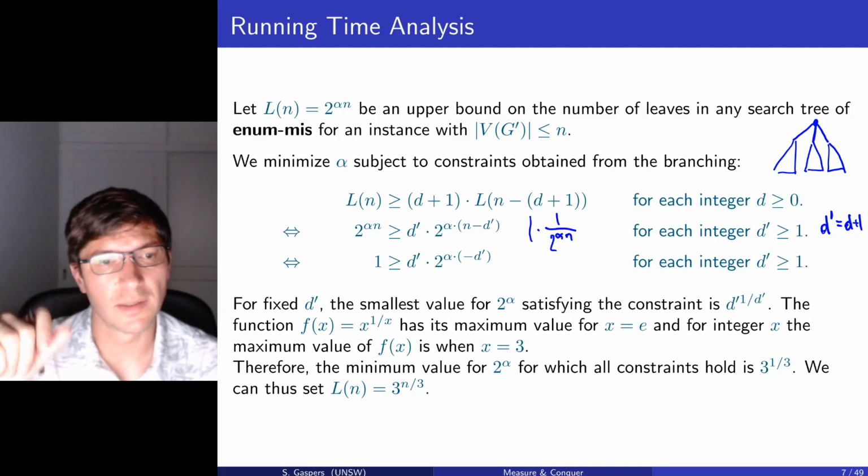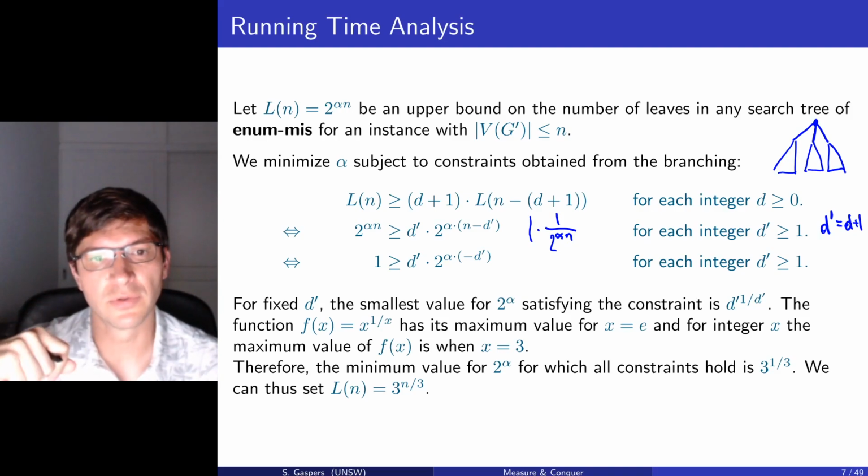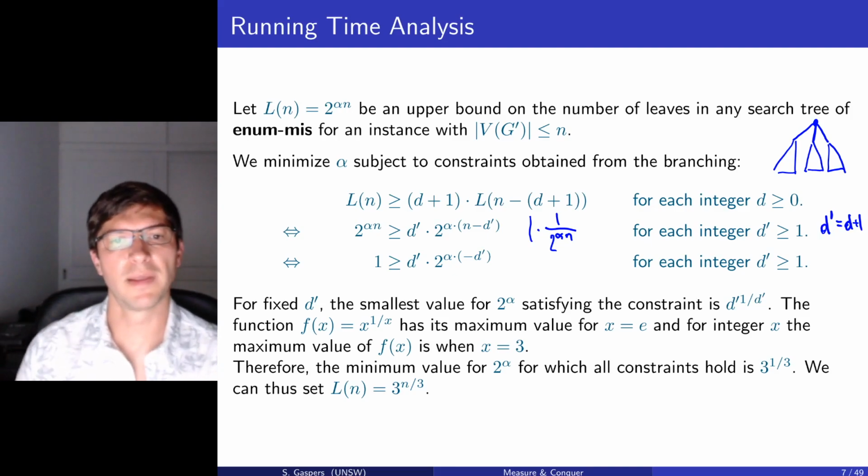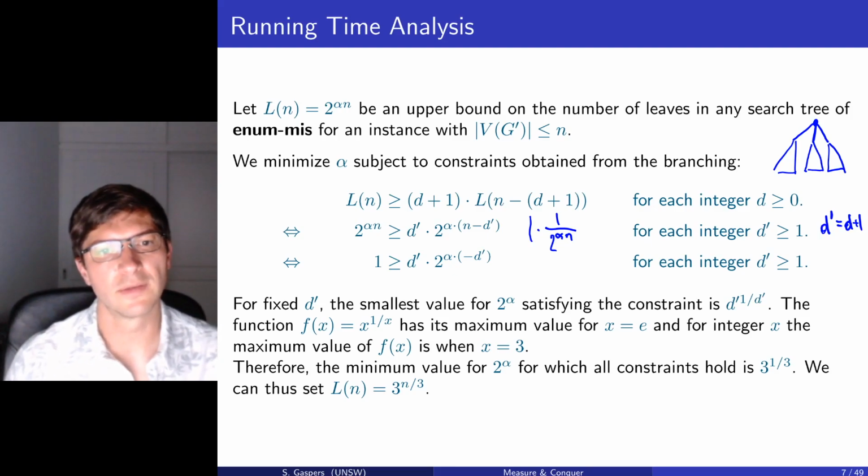What is not nice is that we have an infinite number of constraints because they need to be satisfied for every integer d prime that's at least 1. Okay, but we can apply now some mathematical reasoning. So let's look at one such constraint.